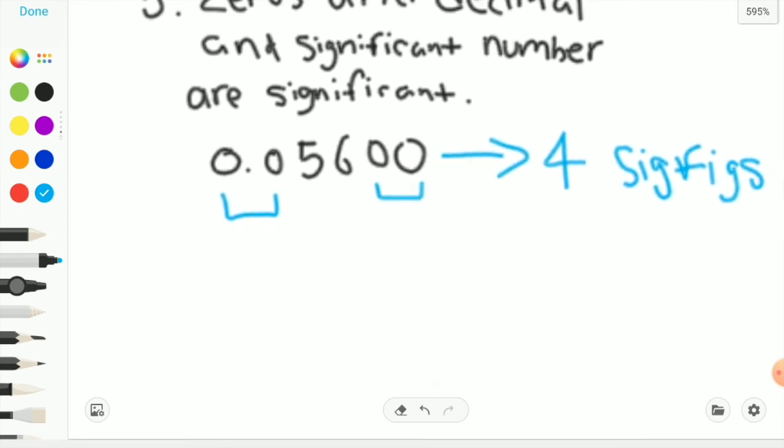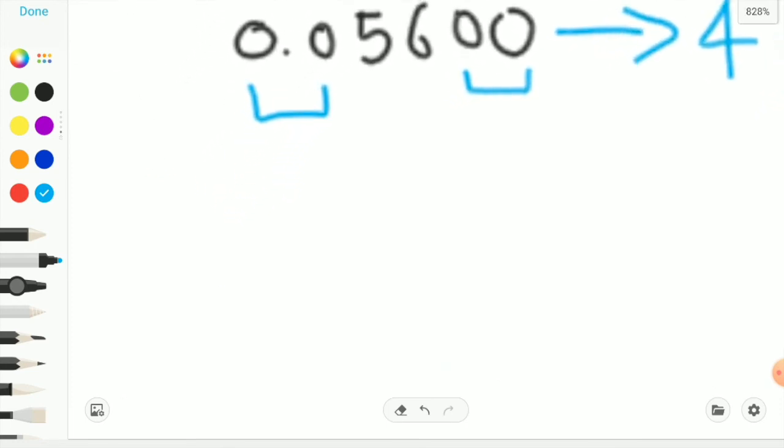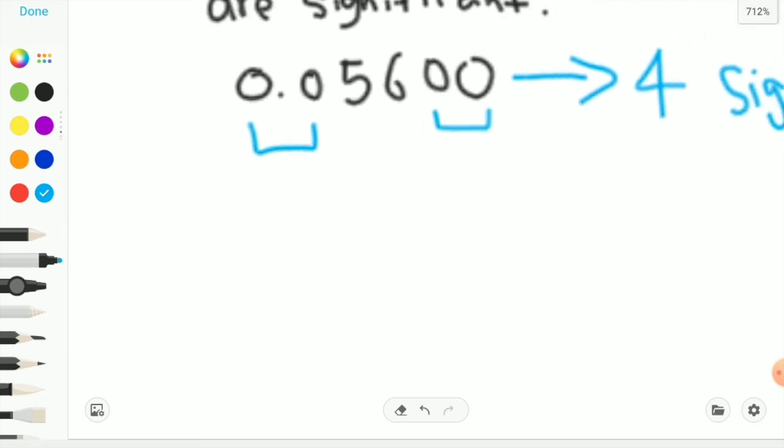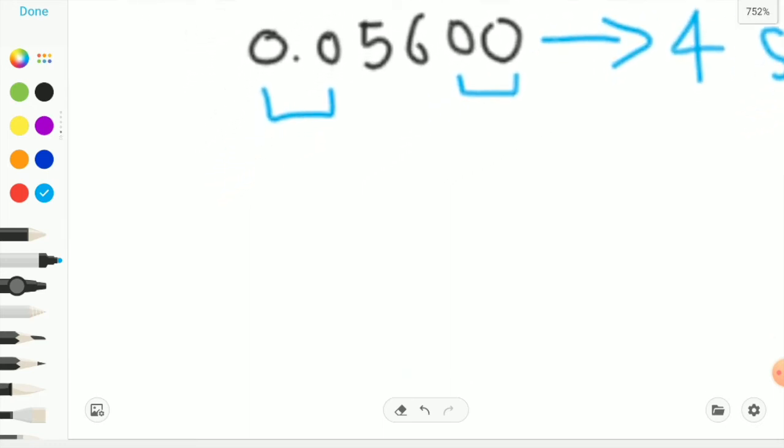Okay, and then your final rule. Not really a rule, but if you have a number in scientific notation, all of the digits are significant.